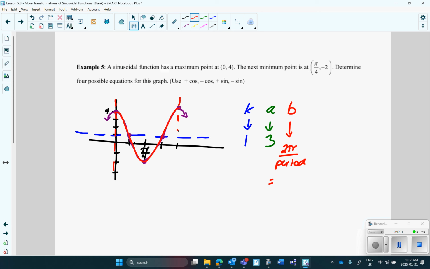One period is 4 notches long, right? We know that 2 notches is pi over 4.